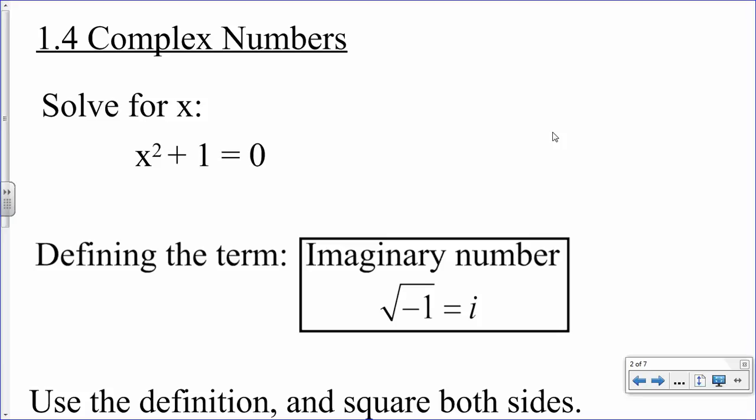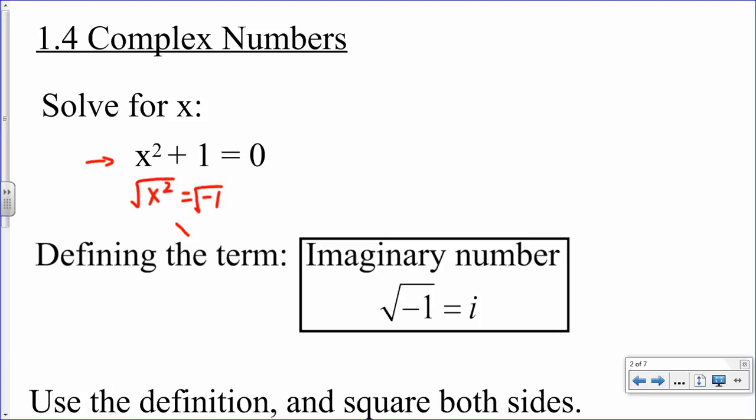So we have imaginary solutions, imaginary numbers. So we can solve equations like this: x squared plus 1 equals 0. To solve this, you subtract 1, and then you need to do the inverse of squaring, so you square root.